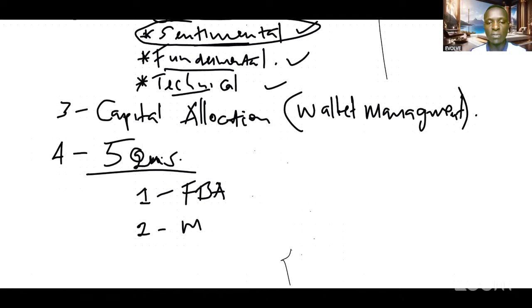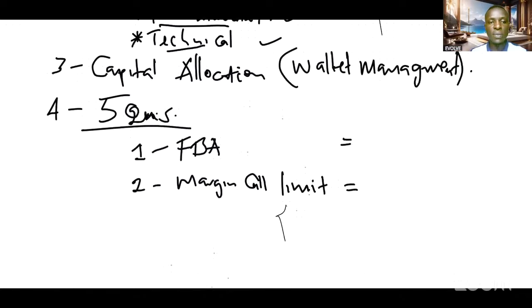Let me write all of these things. Margin call limit, or number of margin calls. Next, Royalq wants you to give it the instruction of margin configuration. This is number 3.